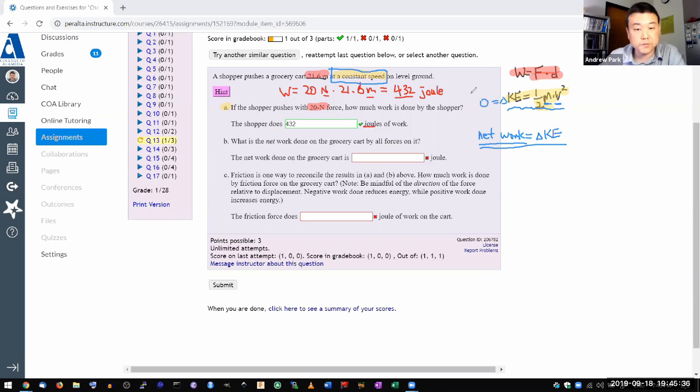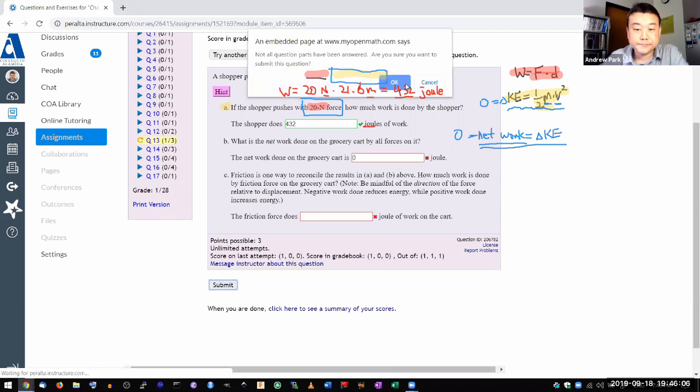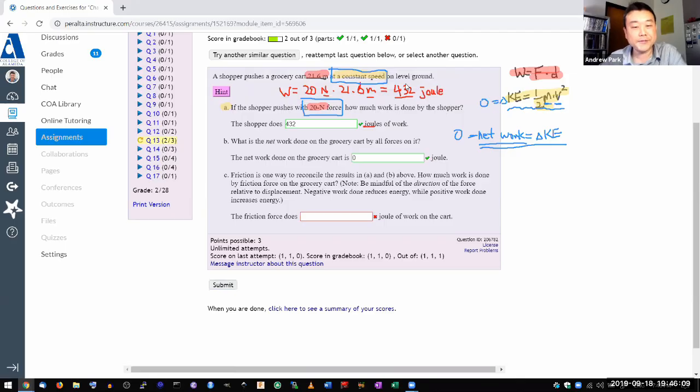So without having to do any additional math, you know that the net work must be zero, because with all the forces acting on the cart, including the applied force by the shopper, the kinetic energy of the cart didn't change. So the net work must be 0 joules. Let's check. And that's the correct answer.